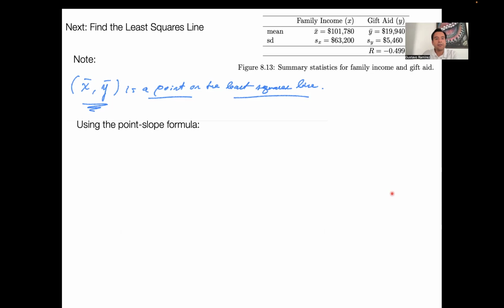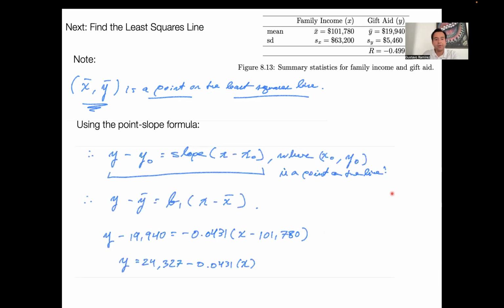Just bear with me here. X naught and Y naught are the X, Y coordinates for a point that's already on the least squares line. So Y minus Y naught is equal to the slope times X minus X naught.